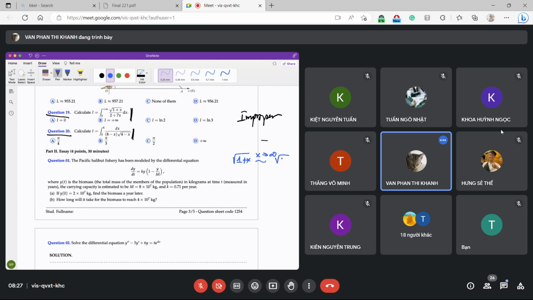Square root of x, right? And 2 plus 7x is equivalent to what? 7x. So if I divide them, what do you have? 1 over 7, 1 over x to the power of 1/2.